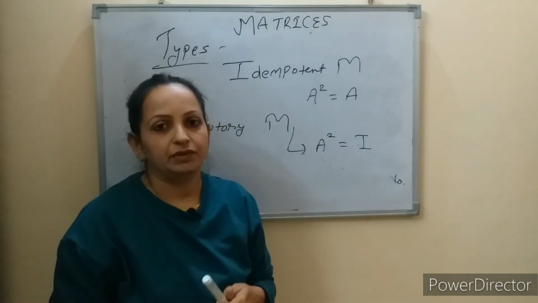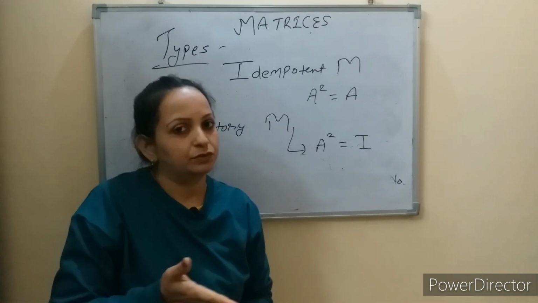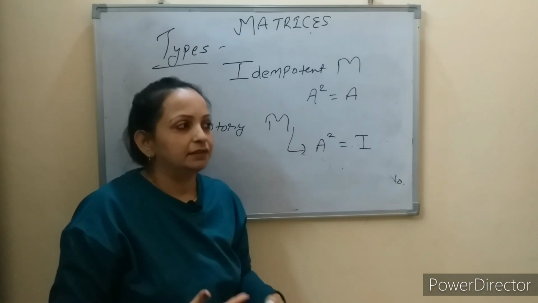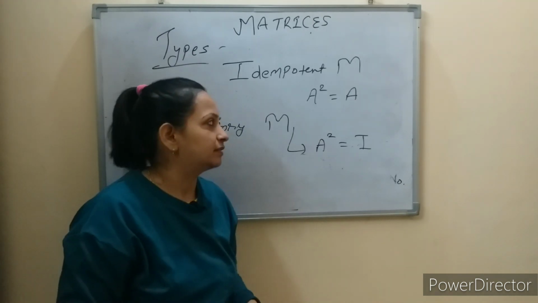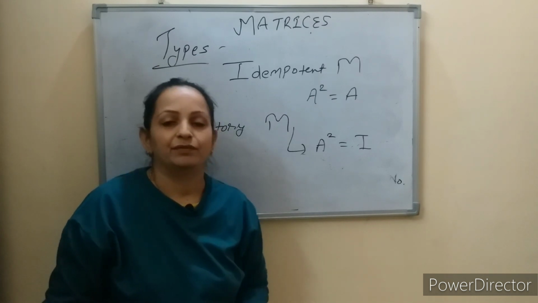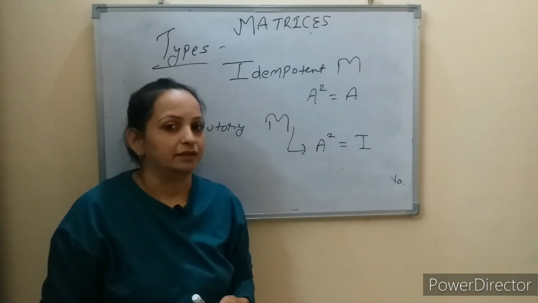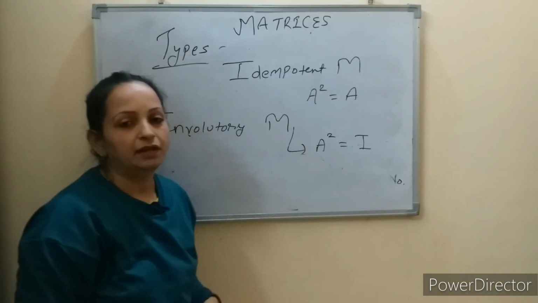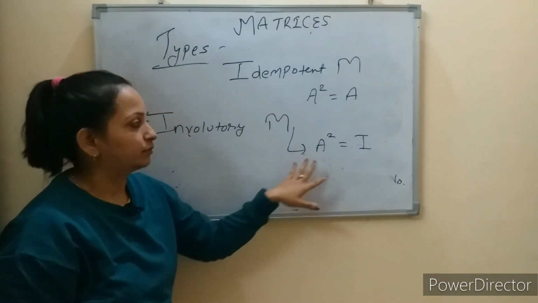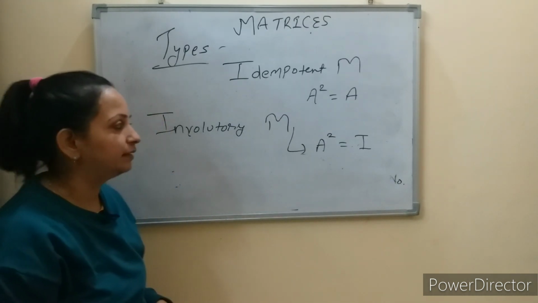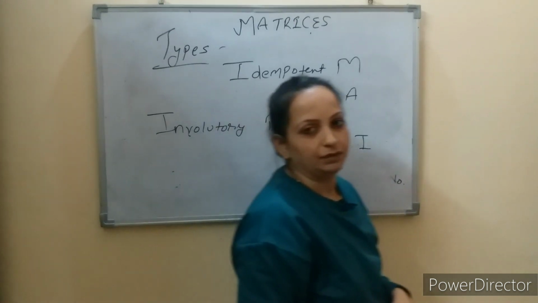In the same way, we have to multiply the matrix by the same matrix, matrix A into matrix A. But there are some rules of matrix multiplication, which we will cover in the next session, where we will study the operations on matrices, right? So till now you only have to understand the definitions A square equal to A and A square equal to I. In my next session, when I explain the operations on matrices, I will tell you how to do matrix multiplication.